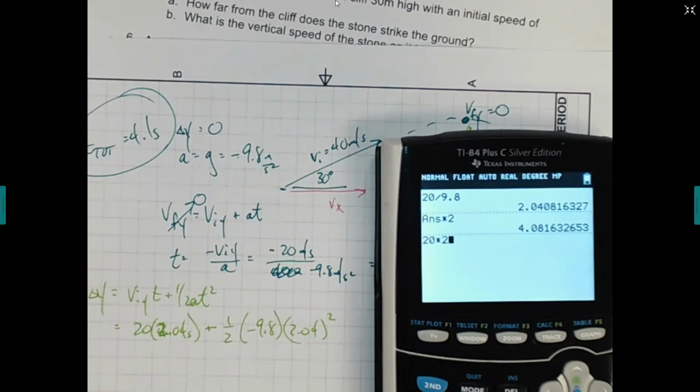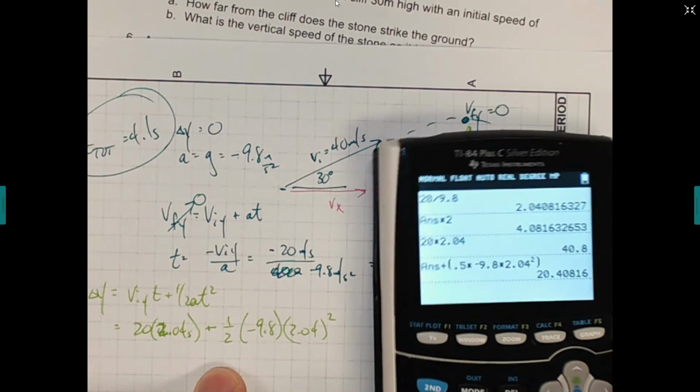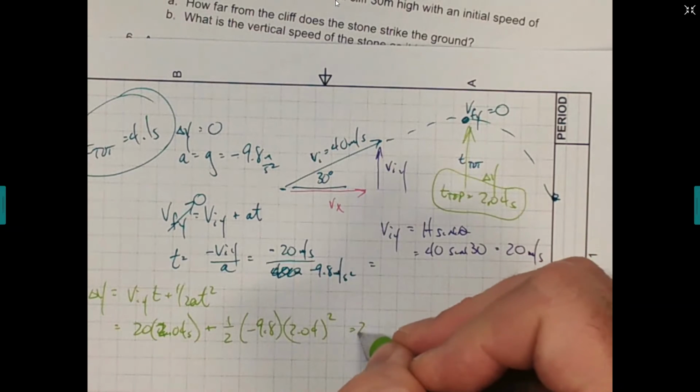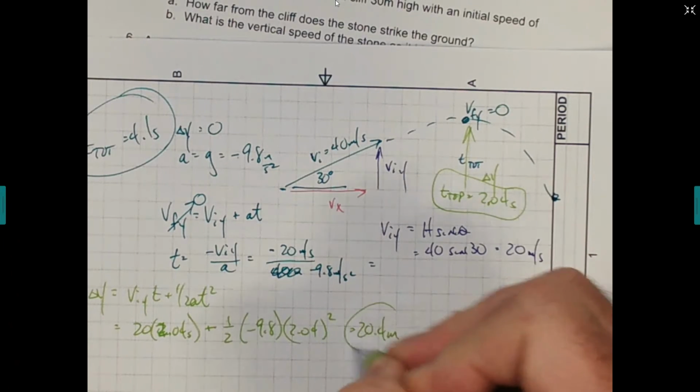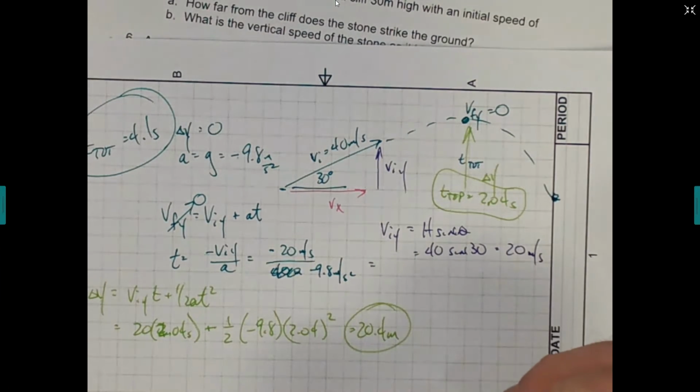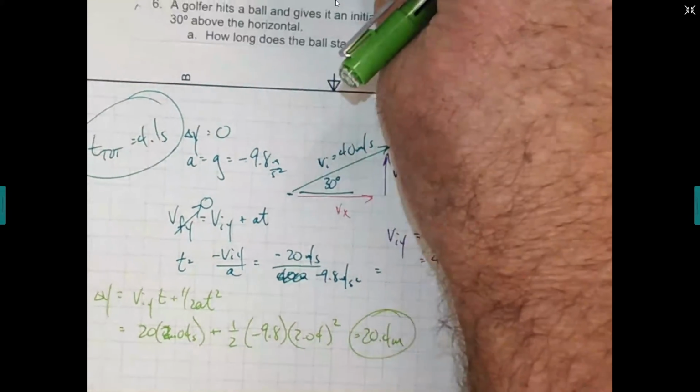So 20 times 2.04, and we're going to add that to 0.5 times negative 9.8 times 2.04 squared, and we get that we went 20.4 meters high. Okay, so there's the height that we went.